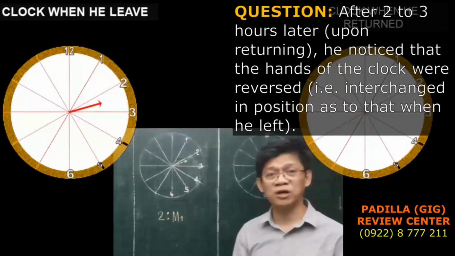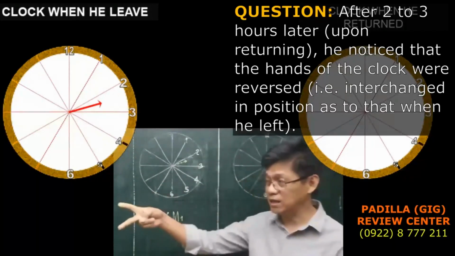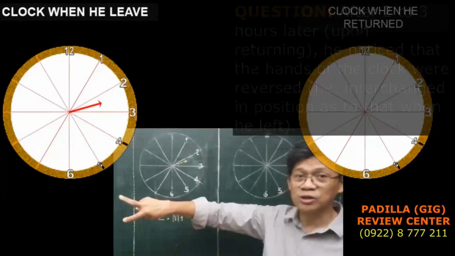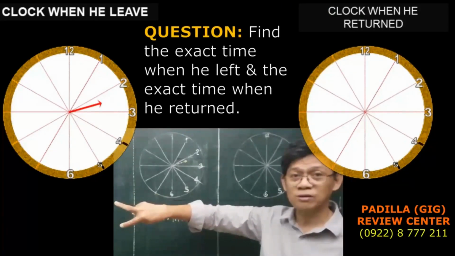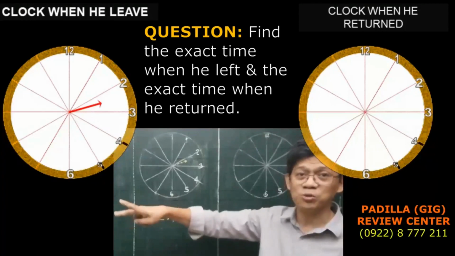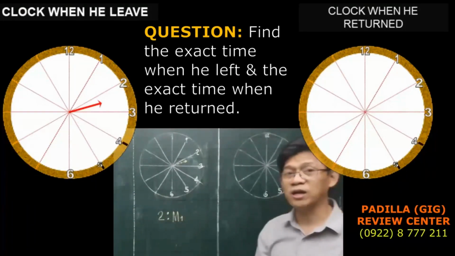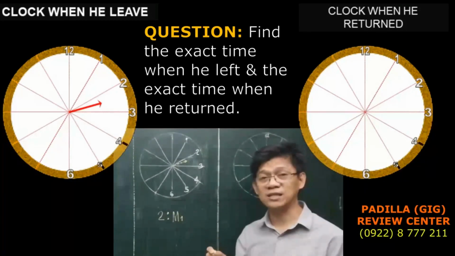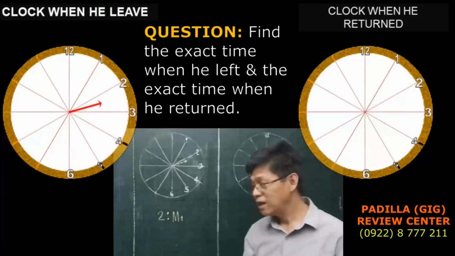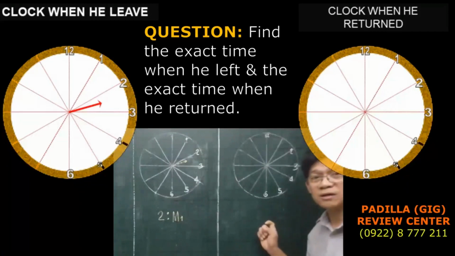I would interpret this as exactly interchanged, or exchange in position. So the question now is, what is the exact time he left and the exact time he returned?